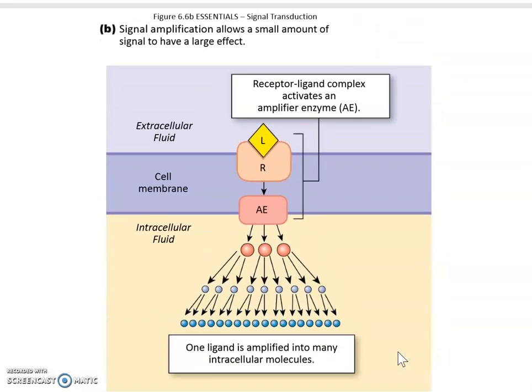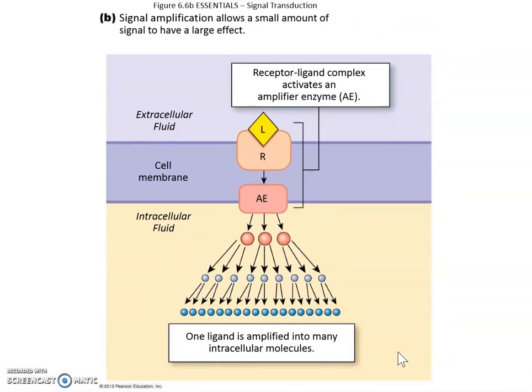So here, the idea of signal amplification. Here's your signaling molecule binding to its receptor. And then here you have what's called an amplifier enzyme. A lot of times it's either adenylate cyclase or an enzyme that produces either a second messenger or goes off and turns other kinases on.